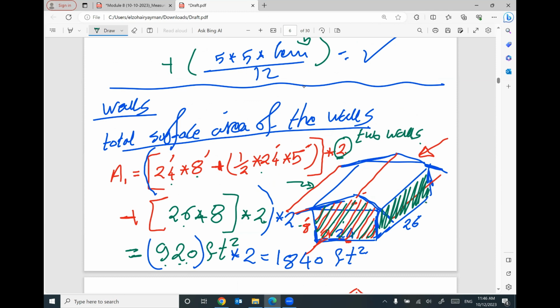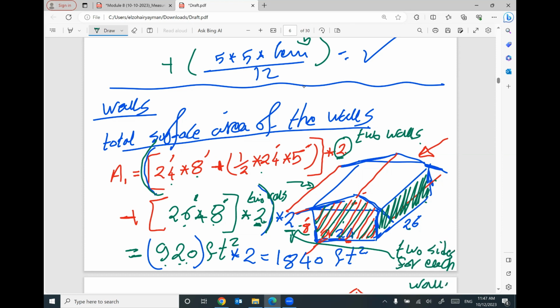I have another wall, 26 by 8. This is the one side from this wall. I multiplied it by 2 because I have 2 walls. Then the whole number is multiplied by 2 because I have 2 sides for each wall.